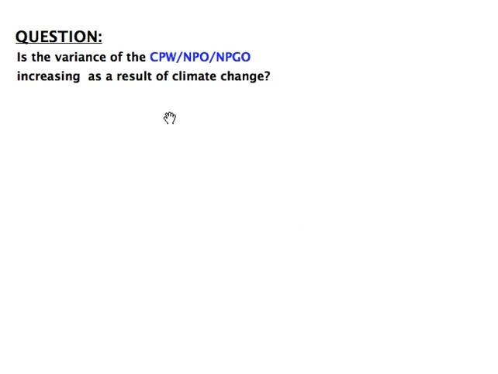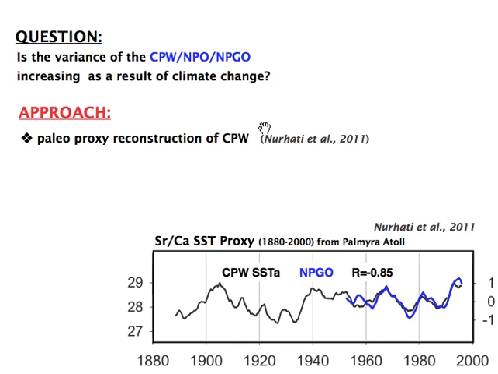So to the question, is the variance of CPW, NPO, and PGO increasing as a result of climate change? This first approach that was published by Nurhati et al. suggests that it's not a result of climate change, or at least we cannot detect that signal yet.